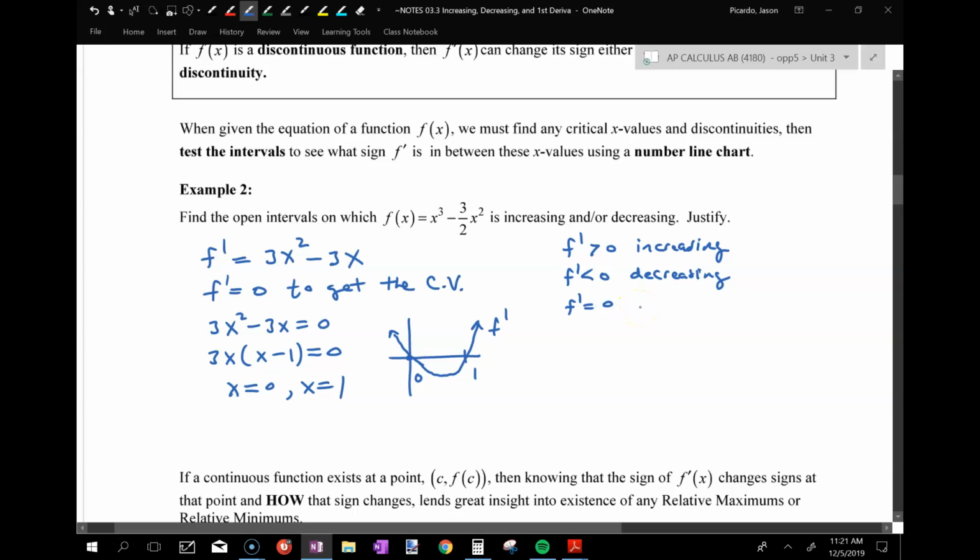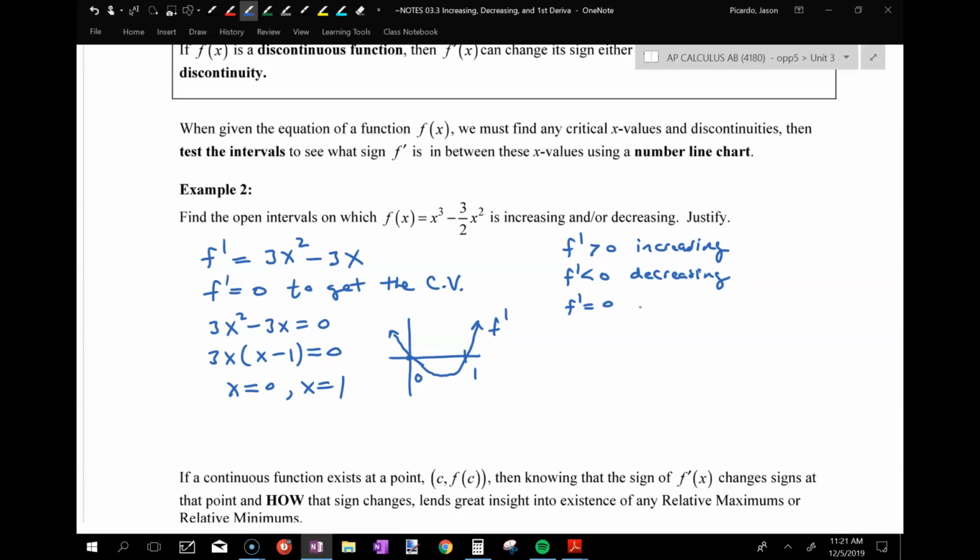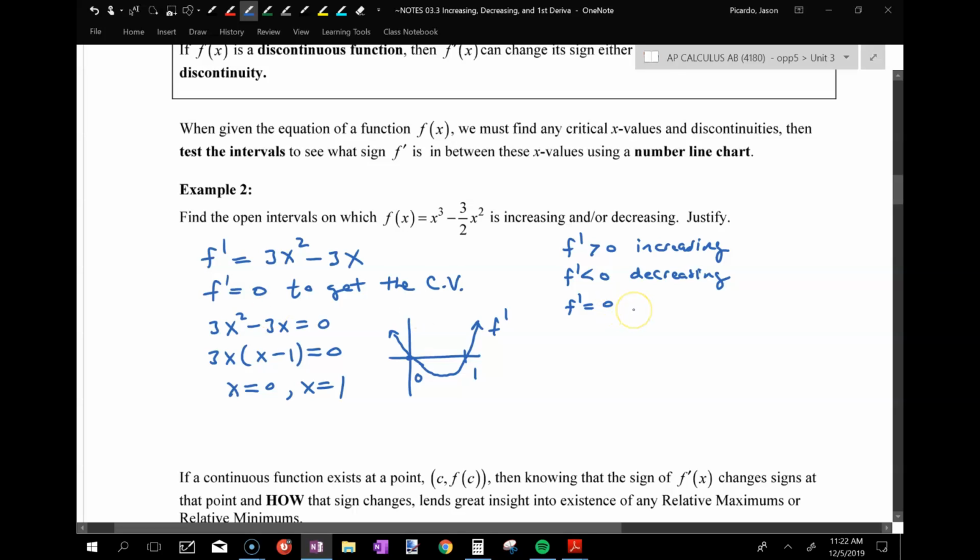Hey guys, where am I when the derivative equals 0? Don't say at 0. I don't really want to know where. I want to know at what, in between, okay? Guys, what does the derivative equals 0 mean? It's a critical value, right? And what are critical values again? Could be endpoints.